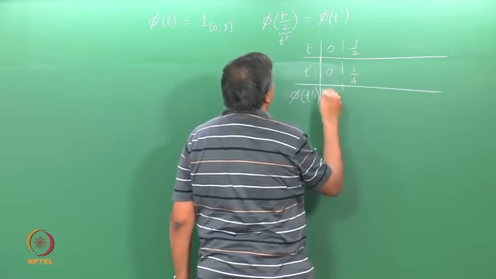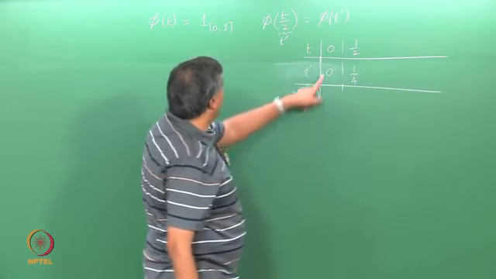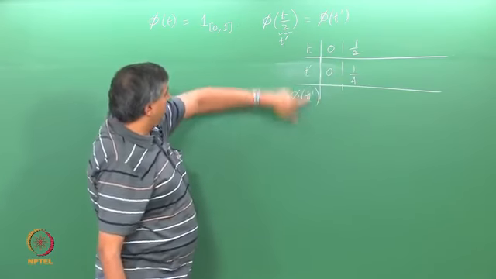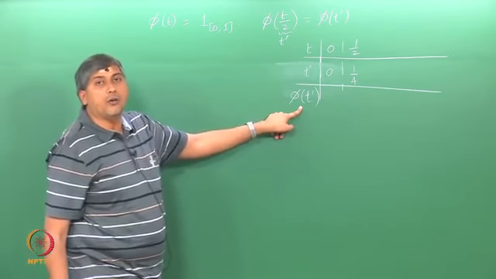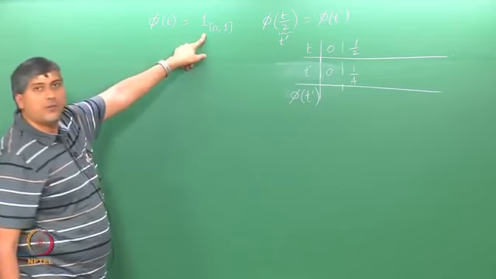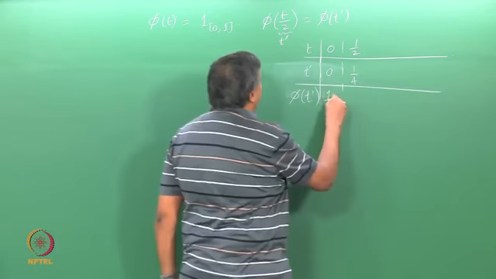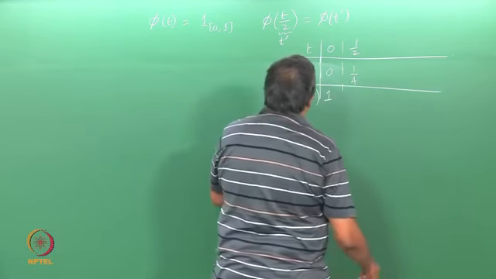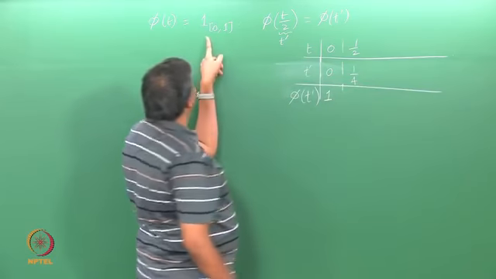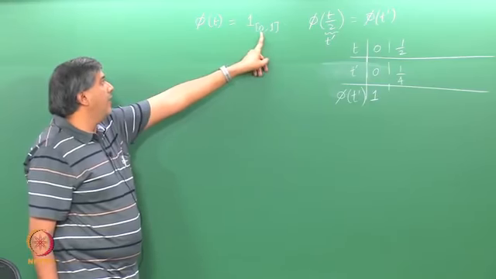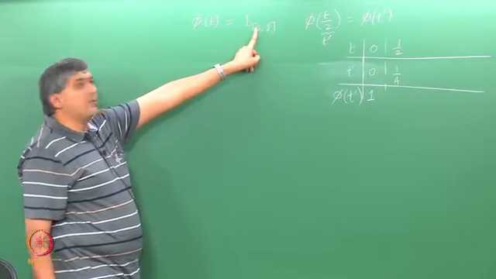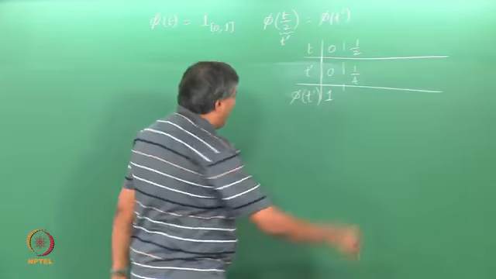When I am evaluating phi of t prime at t prime equals 0, I am asking what is phi at 0. Phi at 0 by definition is 1, and likewise here phi at 1/4 is 1, because at any value in this interval 0 to 1, phi assumes a value of 1.